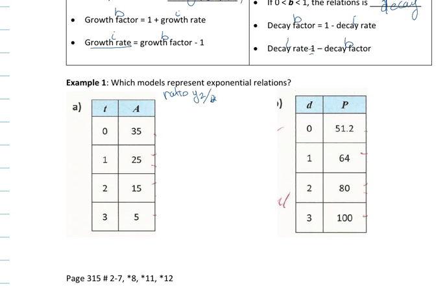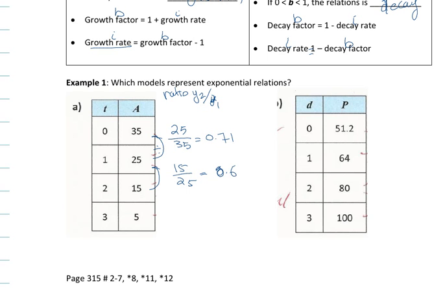Yes? So instead of subtracting in this case, I'm going to have to divide. So that means I have to divide 25 divided by 35. Then I have to divide 15 by 25. That's 0.6.